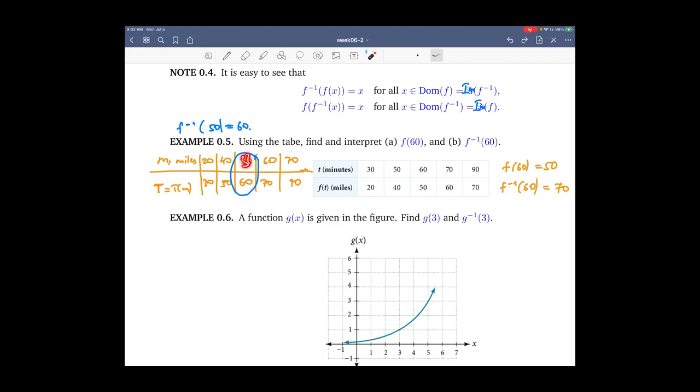When the distance is 50 miles, it must be exactly 60 minutes after we begin our observations. So to find the inverse of a function defined by a table, all you need to do is really just to flip the two rows of the table.